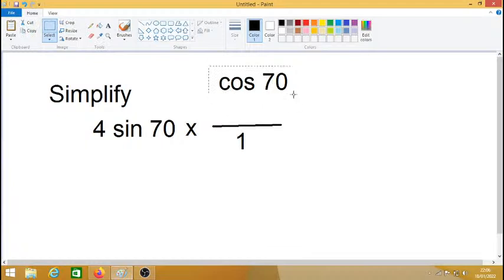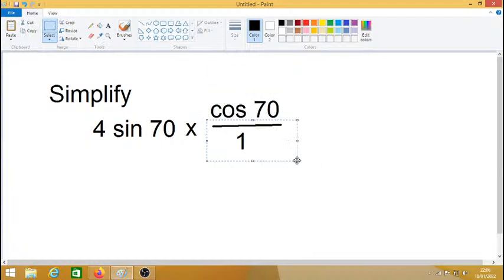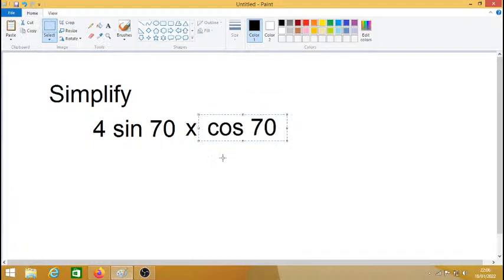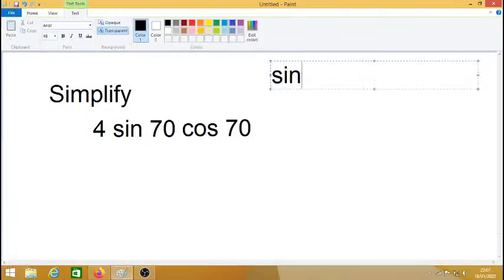Hopefully you can spot that dividing by 1 doesn't make any difference, so we can get rid of that altogether. So now I've got 4 sine 70 cos 70, and the times can disappear because in algebra we don't really write the times. Okay, good. So now we still need to simplify a bit more, but what you should recognize now is that I've got something that should remind you of sine 2a is equal to 2 sine a cos a.